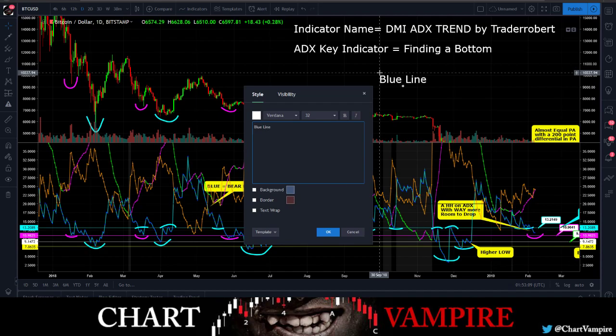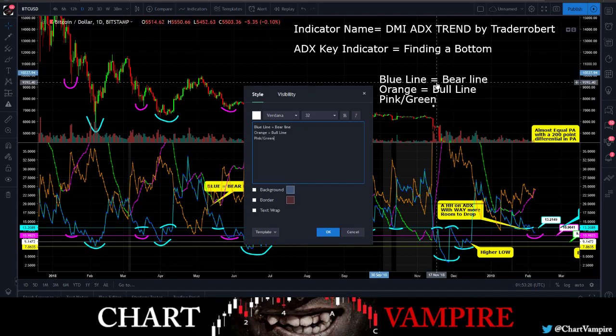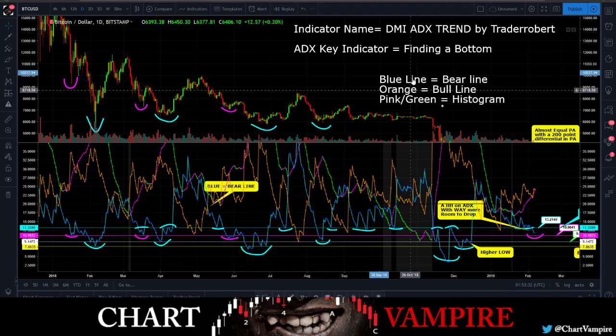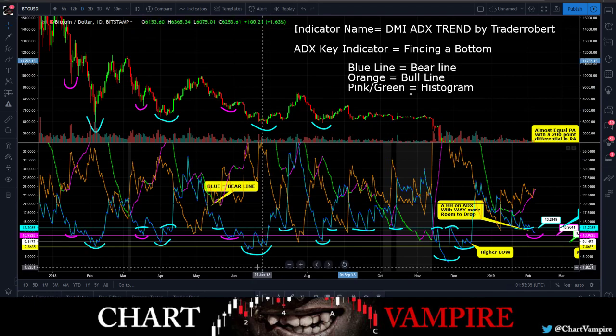Blue line equals bear line. Orange equals bull line. And then green equals the histogram. So that's your histogram line, right? So very critical.